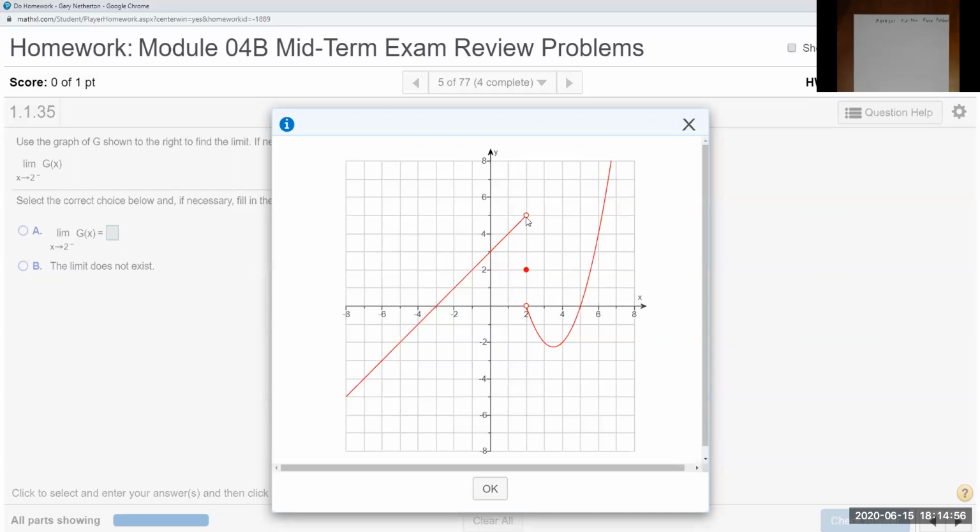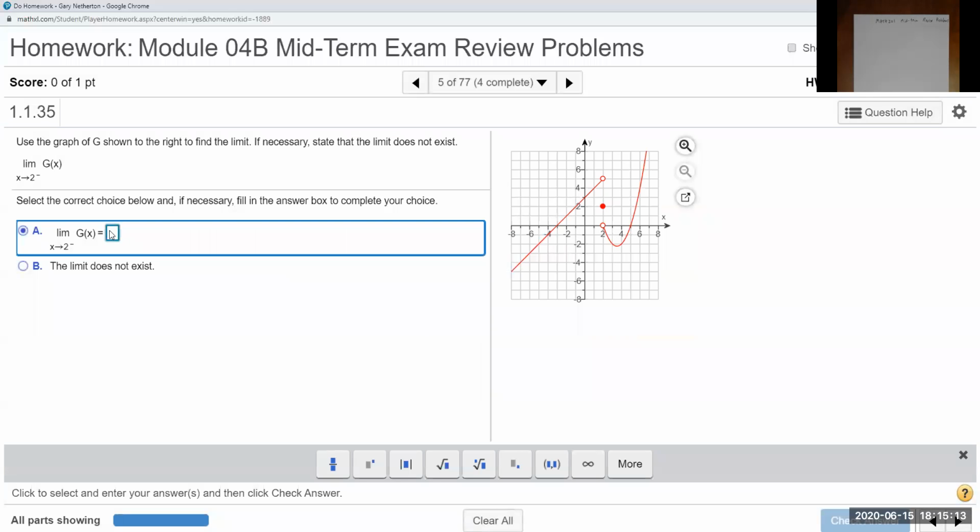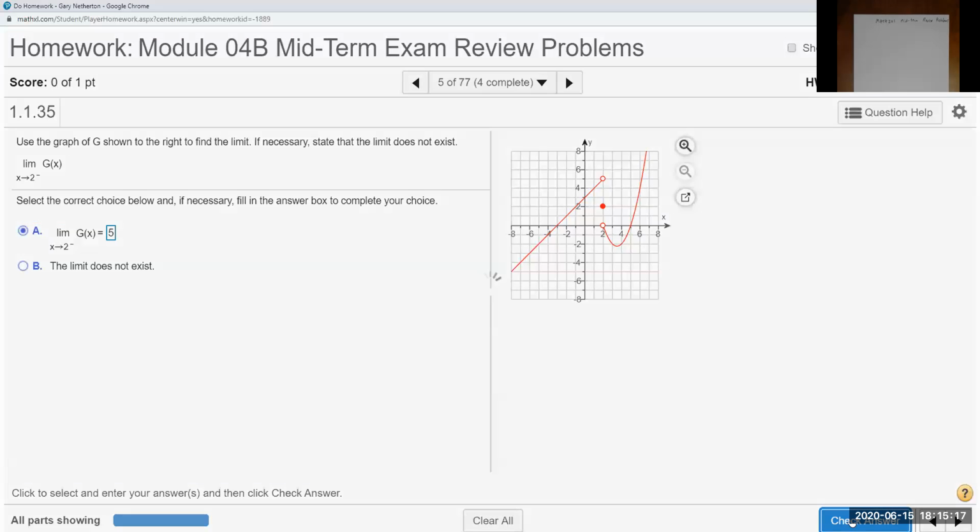When you're looking at a limit, you're looking at the value of the function as x approaches 2, and in this case, as it approaches 2 from the left-hand side. Looks like the function is approaching 5. So I go here, and I type in 5, and hopefully it's correct.